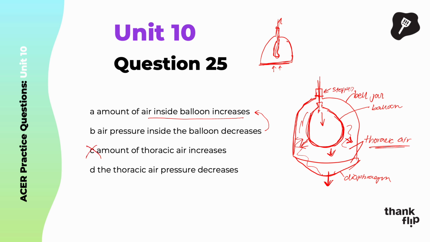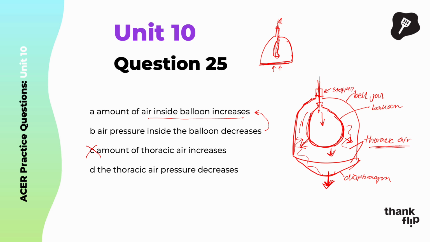Then we have the thoracic air pressure decreases. Now, this is also a tricky one. It's easier if you have that knowledge of respiration, because in human respiration, when the diaphragm stretches to make room, right? When you inspire, the diaphragm depresses first, and that depression of the diaphragm decreases the pressure in the thorax.